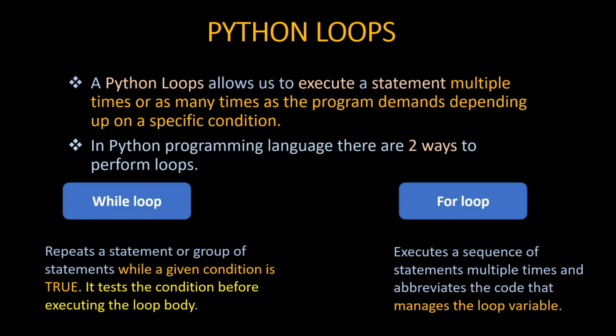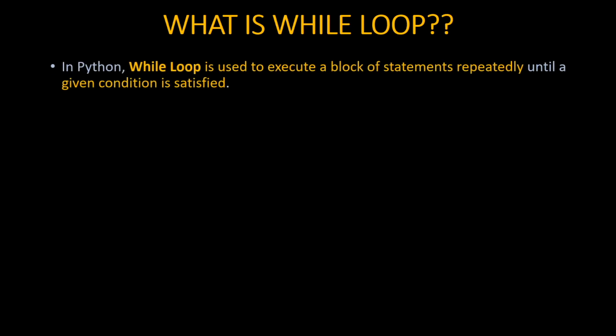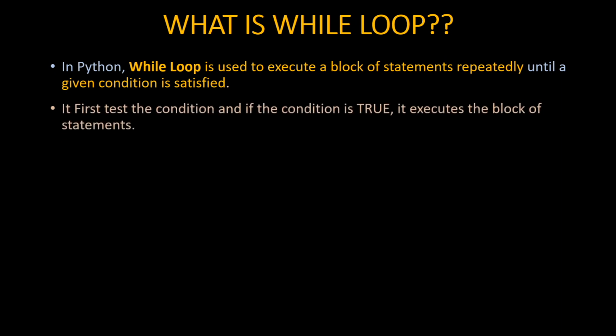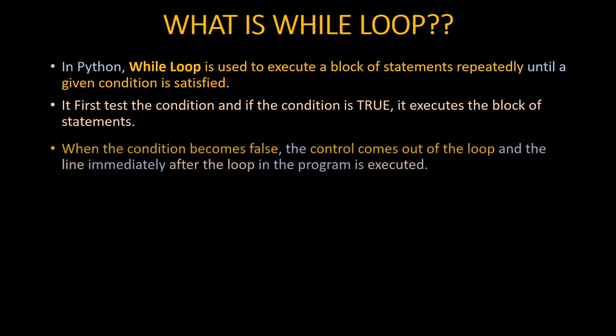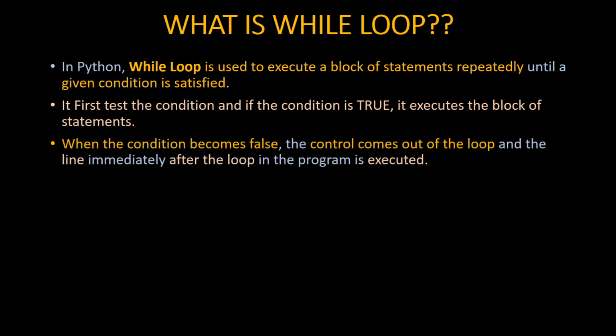Our first loop is the while loop. In Python, a while loop is used to execute a block of statements repeatedly until a given condition is satisfied, or a given condition is true. It first tests the condition, and if the condition is true, it executes the block of statements. The moment the condition is false, the control comes out of the loop and the line immediately after the loop is executed.